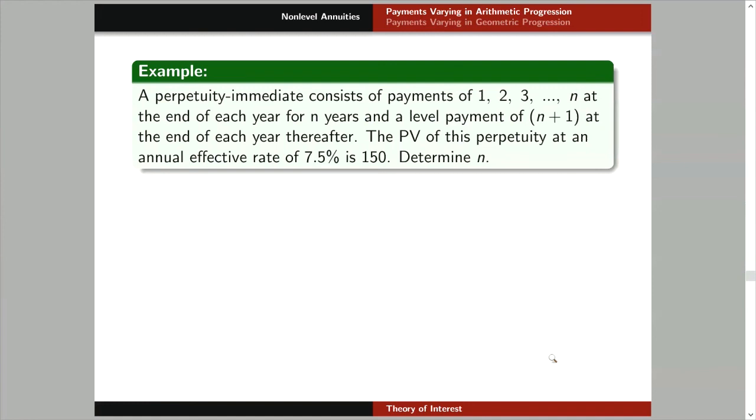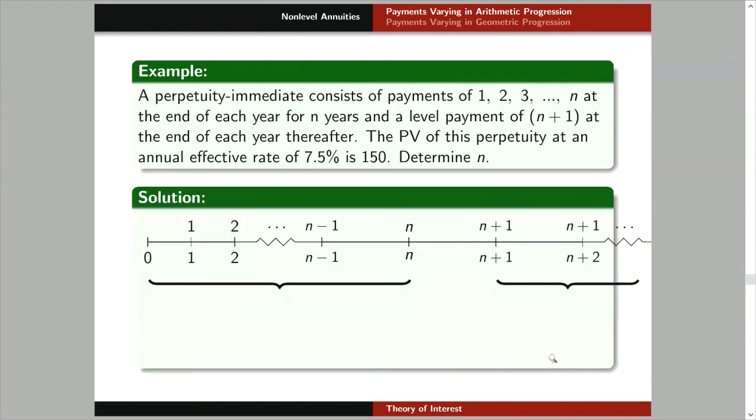This time we have a perpetuity immediate. If you read the problem, you're going to have this time diagram. For the first n years, we have an increasing annuity. After n years, we have level payments equal to n plus 1.